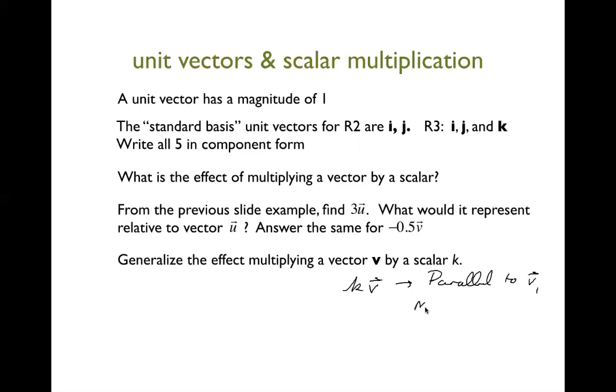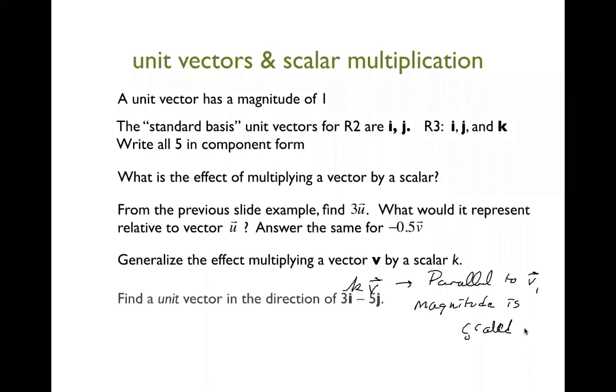And then the magnitude is scaled. The magnitude of v is scaled k times. So that's generally what you get with scalar multiplication.